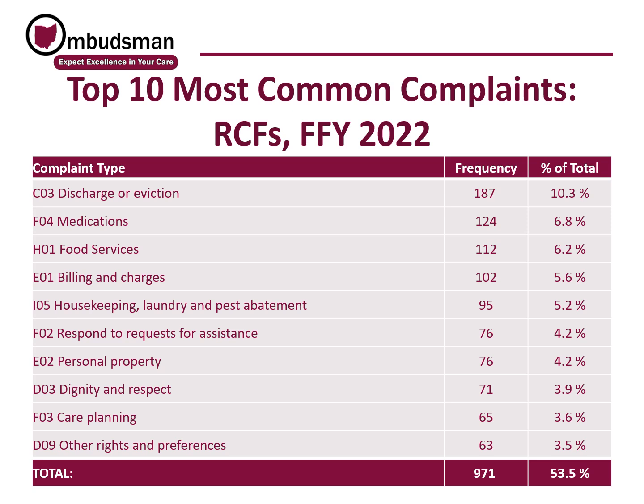And then likewise, this table shows the most frequent complaints against assisted living facilities, aka RCFs, in federal fiscal year 2022. Just like in nursing homes, discharge complaints also fell in the top spot. You also might hear more about billing issues in assisted livings as more residents might be paying for their own care privately rather than paying through Medicaid, like you would typically see in nursing homes.